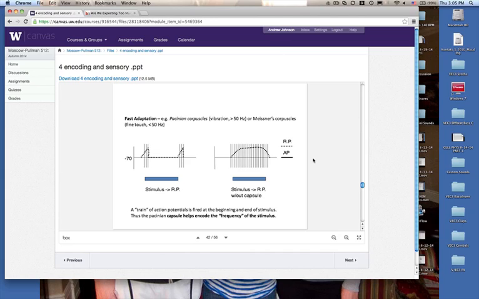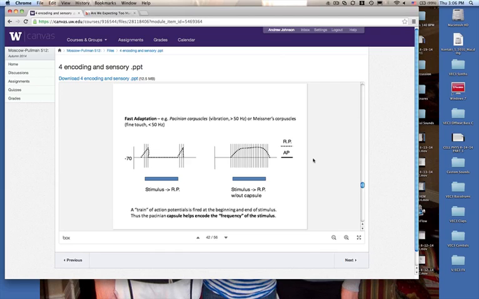What this is good at is encoding the frequency of the stimulus. So how often is a stimulus happening? This sort of fast adapting receptor is able to encode that. And this is what a Pacinian corpuscle's firing would look like without that capsule, without that onion ring around it.